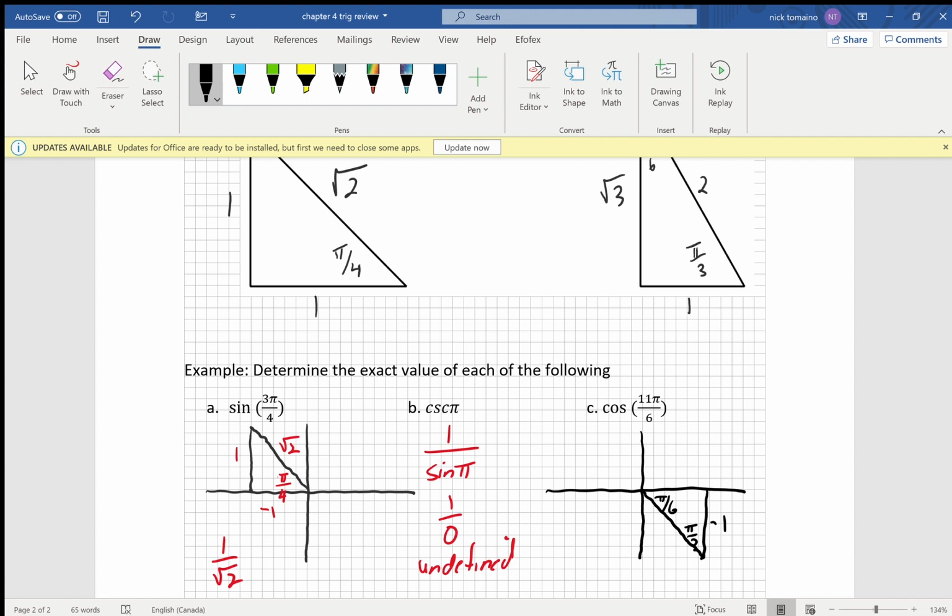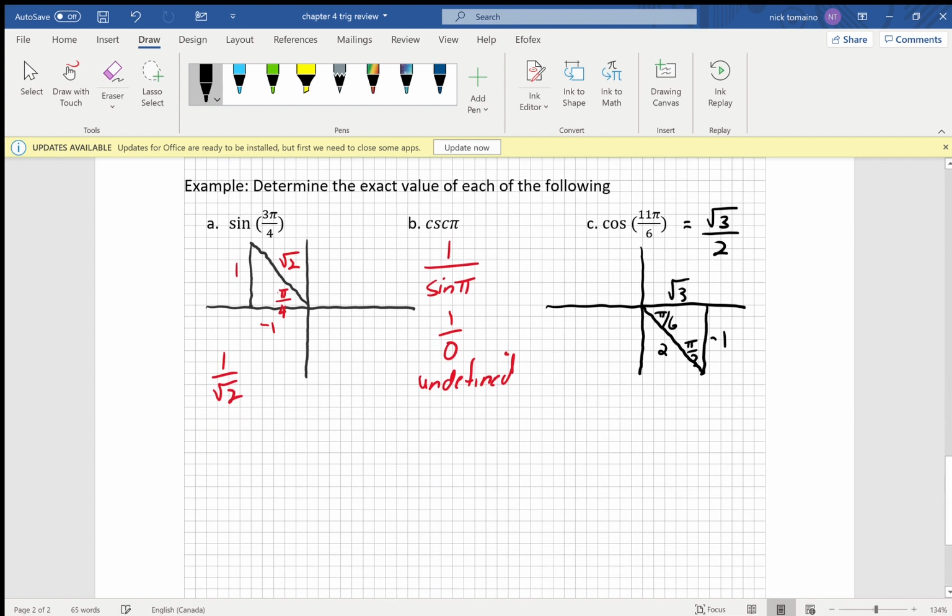Your adjacent to pi over 6 is the square root of 3, and your hypotenuse is 2. So the cosine is your adjacent over hypotenuse, which is the square root of 3 over 2. Perfect.